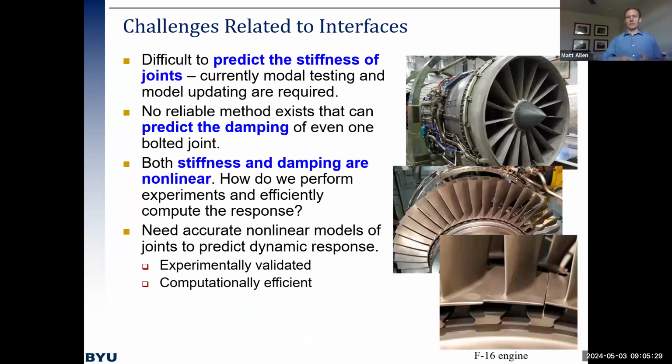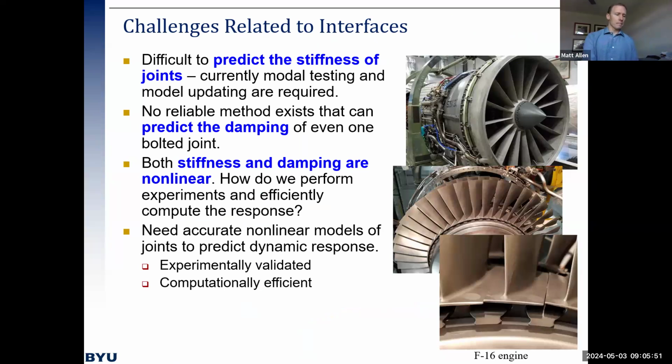So because of all of this, it's difficult to predict the stiffness of a joint, though there are recent works that suggest it is possible to get pretty close using contact mechanics and simulations like you just saw. But the one thing that no one has succeeded in doing is predicting the damping of a joint.